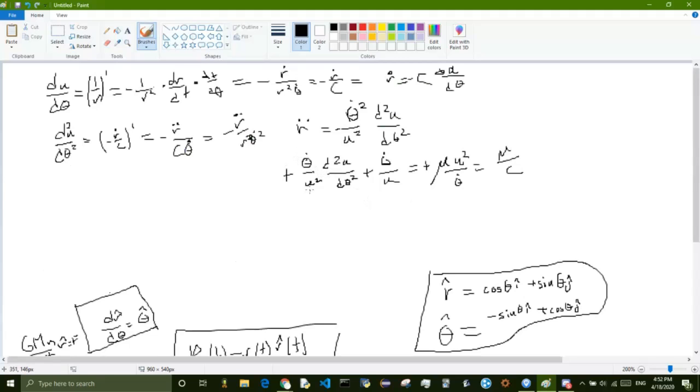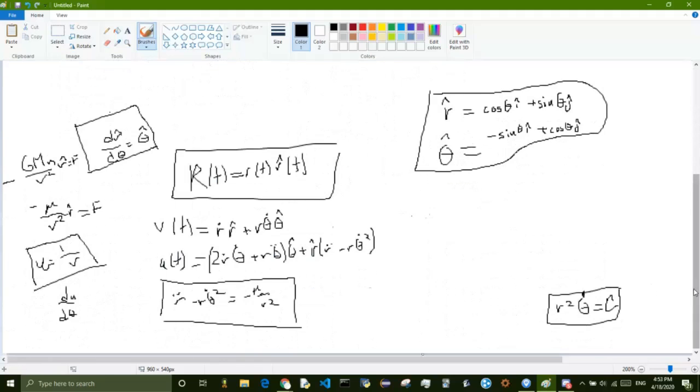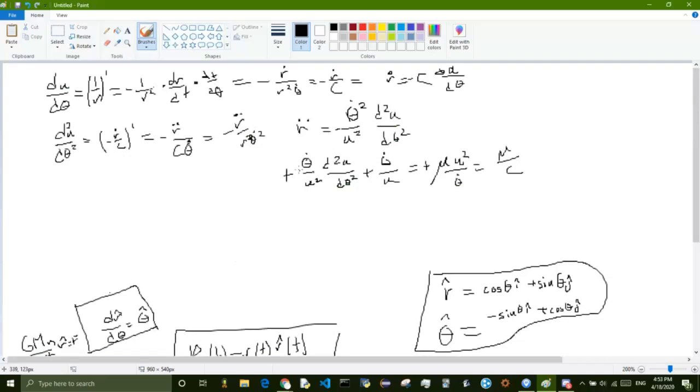This is theta dot over u squared, right? U is 1 over r, so this becomes r squared theta dot. So this again becomes c times the second derivative of u with respect to theta, plus, well, we can change this into something that's conserved, right? As it stands, this is simply r theta dot. But what we can do is multiply and divide by u.